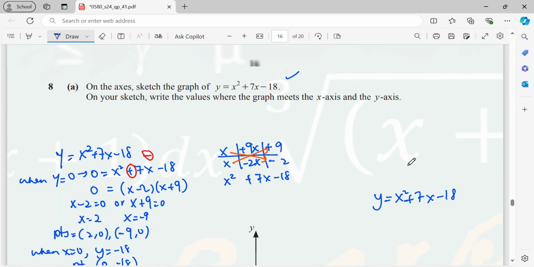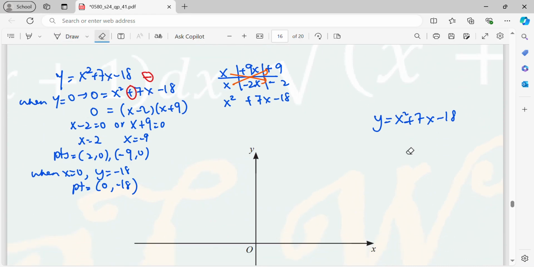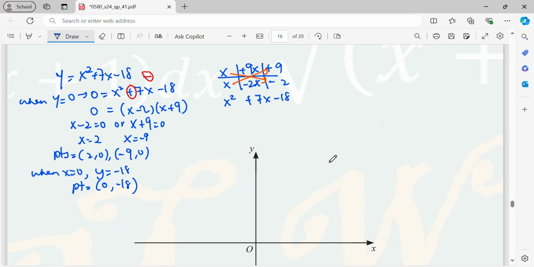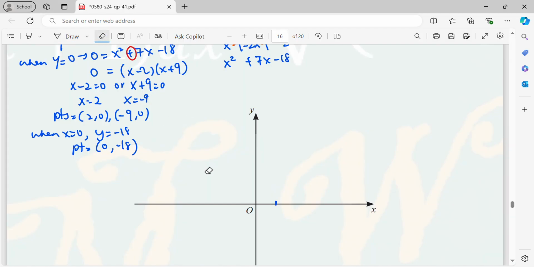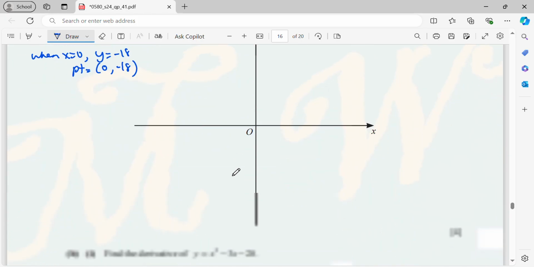So when you refer to the question here, write the values where the graph meets the x and y axis, right? So you have to write down all the intersections. So I get x equals 2 and minus 9. So let's say here is 2. Another one is minus 18.